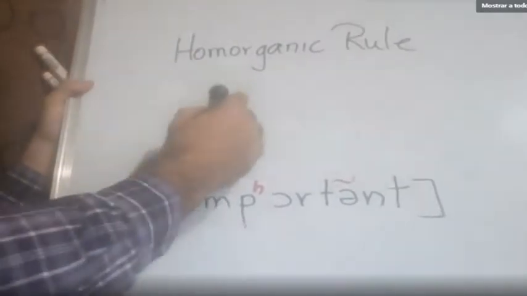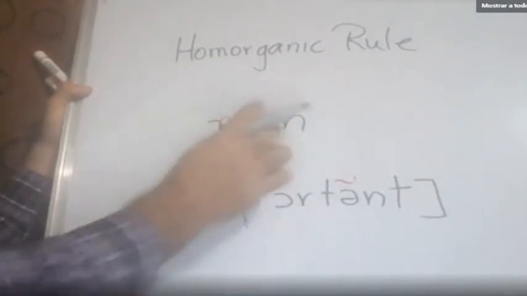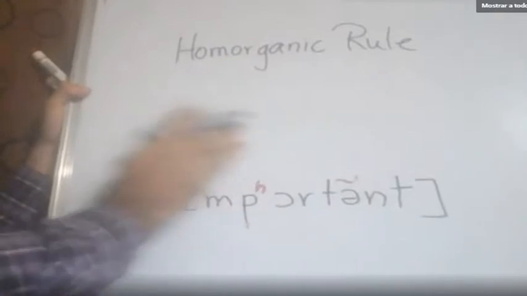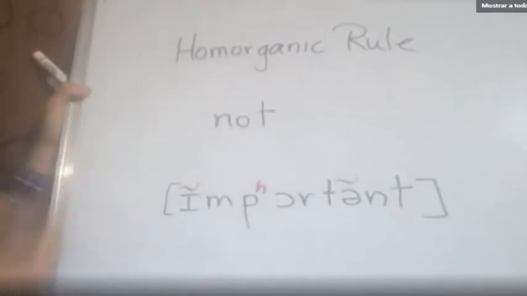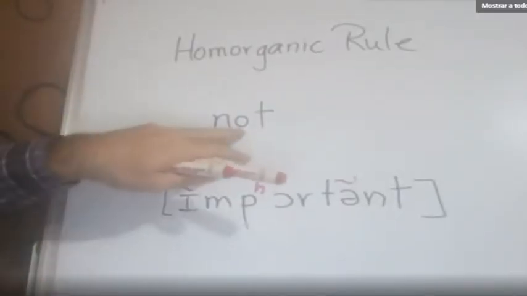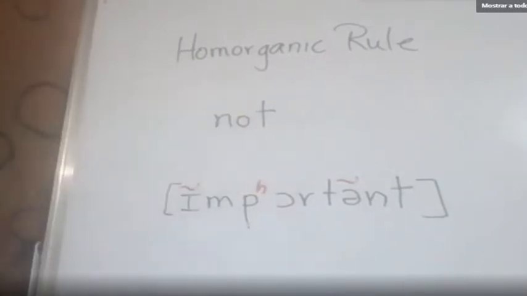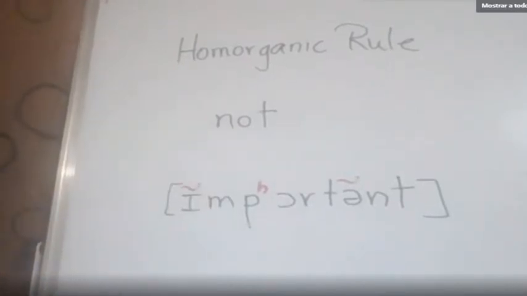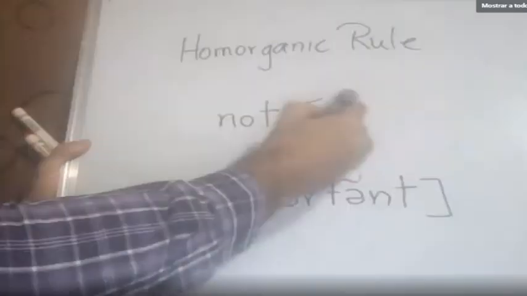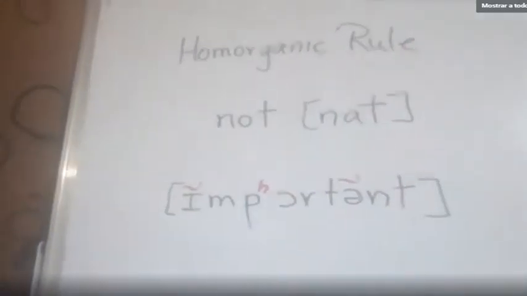So if I say, for example, the word not, here the vowel doesn't get nasalized because it is occurring after the nasal, not before the nasal. So the pronunciation will be just like that.